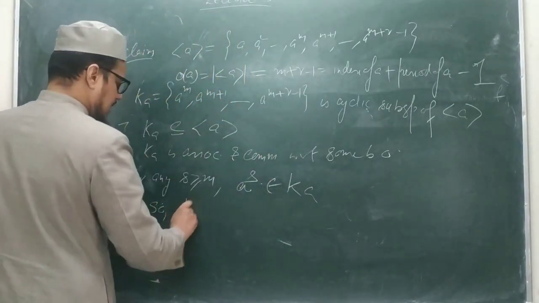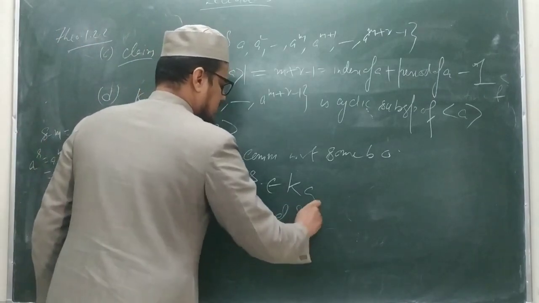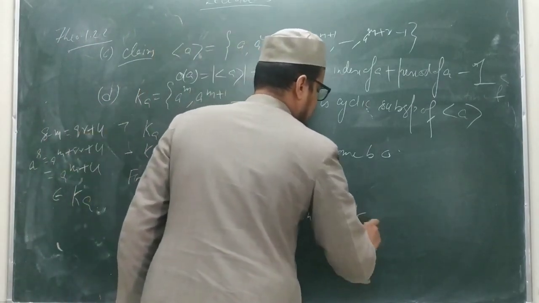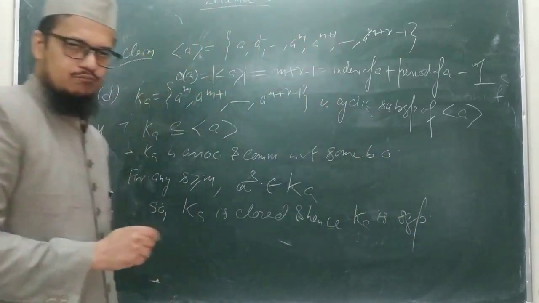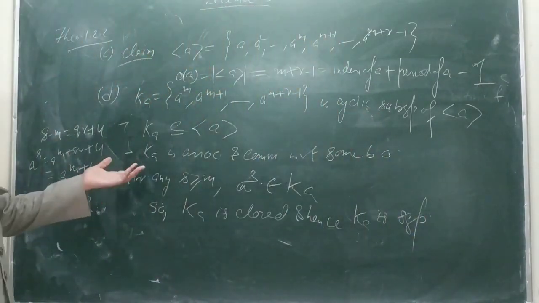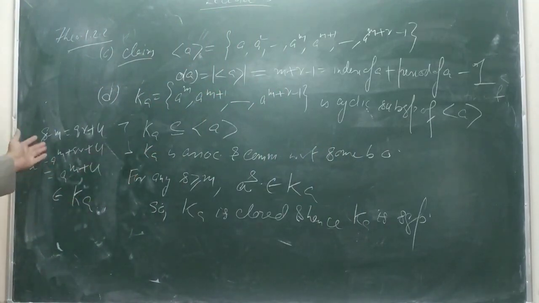So K is closed, and hence K is a semigroup. Correct?